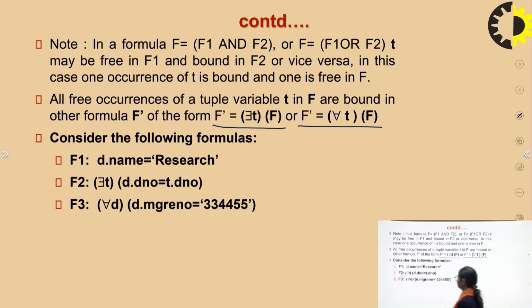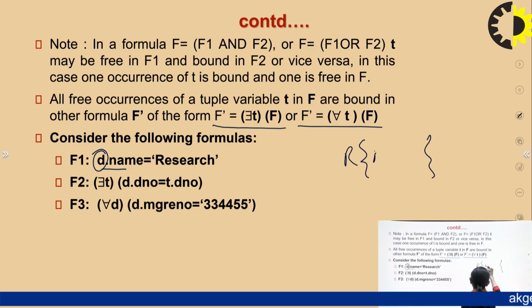Here in F1, D is my tuple. Maybe I have a relation R with some attributes, and we have represented this relation with the tuple D. So here we are saying D dot name, this is my attribute, and this is my constant.